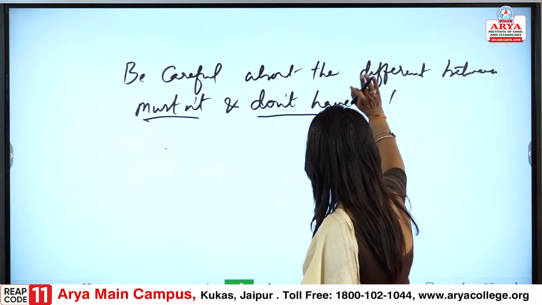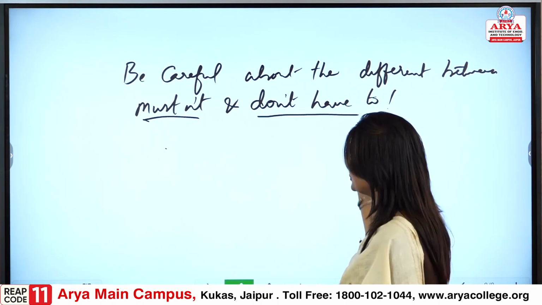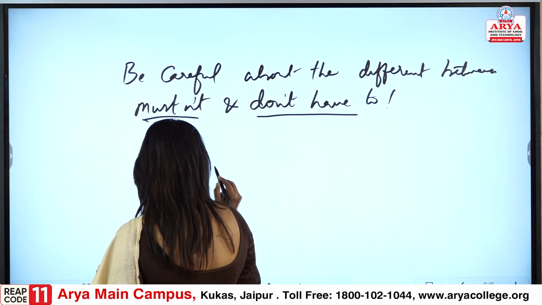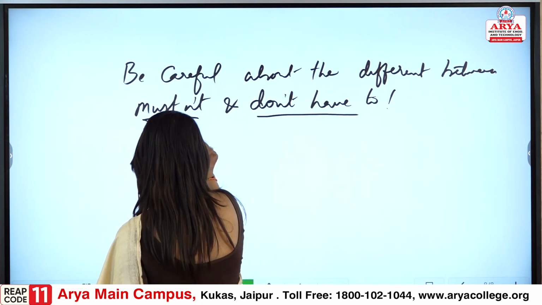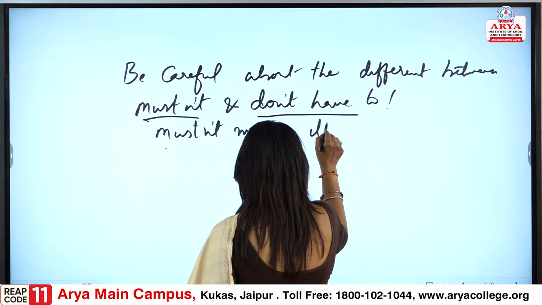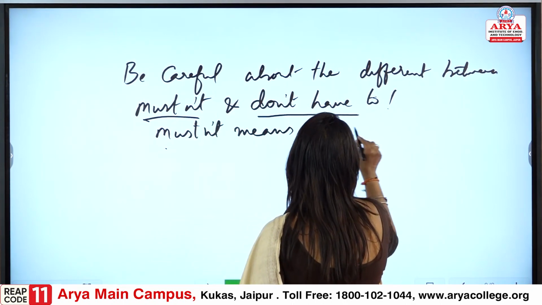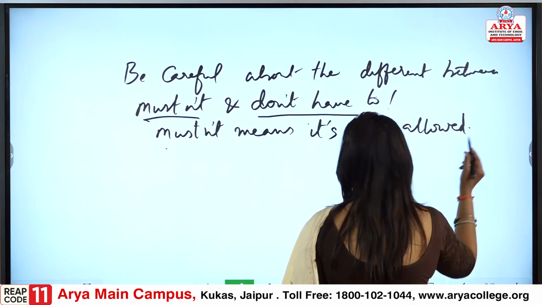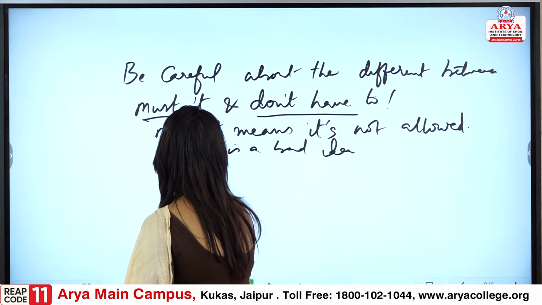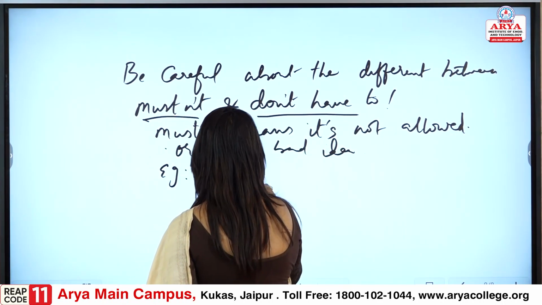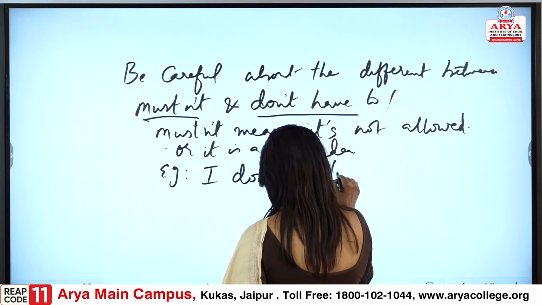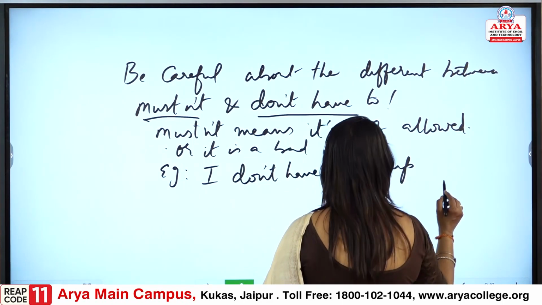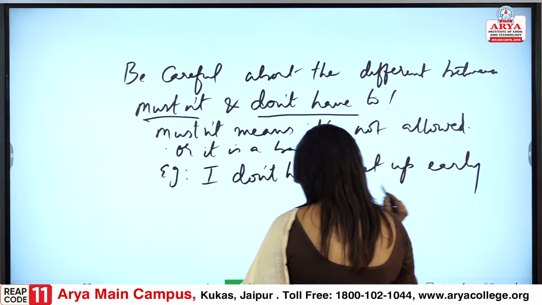Let me give you an example, and let us remember that mustn't means it's not allowed, or it's a bad idea. For example: I don't have to get up early every morning.